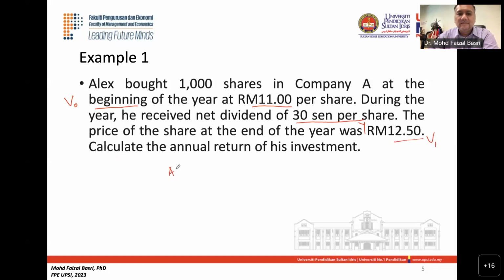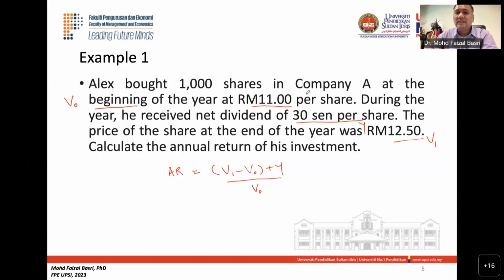So recall the formula is AR, the difference between the value of your investment plus the return, and we divide it with the original value. In terms of the value of your investment, obviously this is just a price per share.